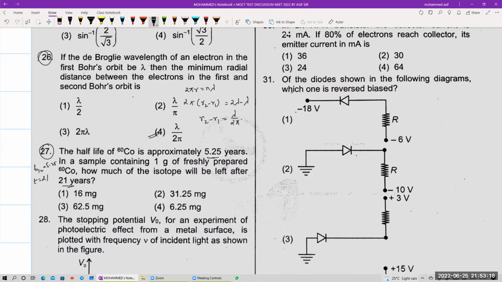And how much of this sample will be left after 21 years, that is, the fraction N by N naught is equals to 1 by 2 power n. 21 years means how many half-lives? 4 half-lives. That means this will be equal to 1 by 2 power 4, that means 1 by 16, 1 by 16 grams, that is, 62.5 milligrams will be the answer.